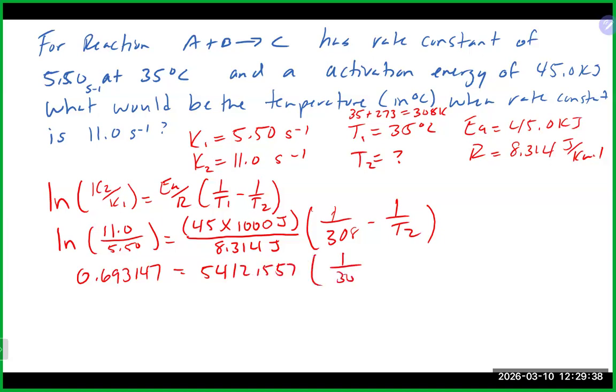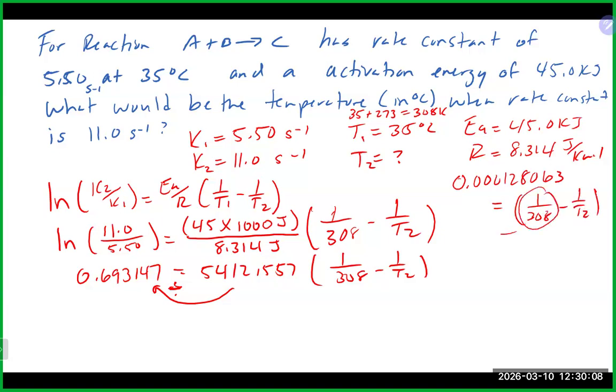We still have 1 over 308 minus 1 over T2. We divide that to the other side, and we end up with 0.000128063 equals 1 over 308 minus 1 over T2.